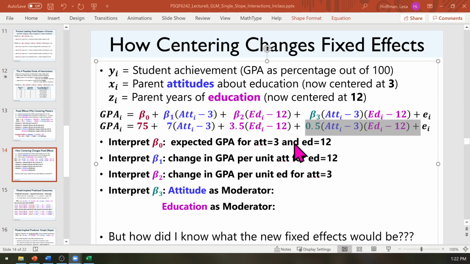Unconditional. Education moderates the slope of attitudes equally for everybody, and attitudes moderates the slope of education equally for everybody. It's unconditional. That's why the number didn't change when I recentered the predictors. So the interpretation then is exactly the same as before. It's the change in each slope for a 1 unit difference in the other predictor.